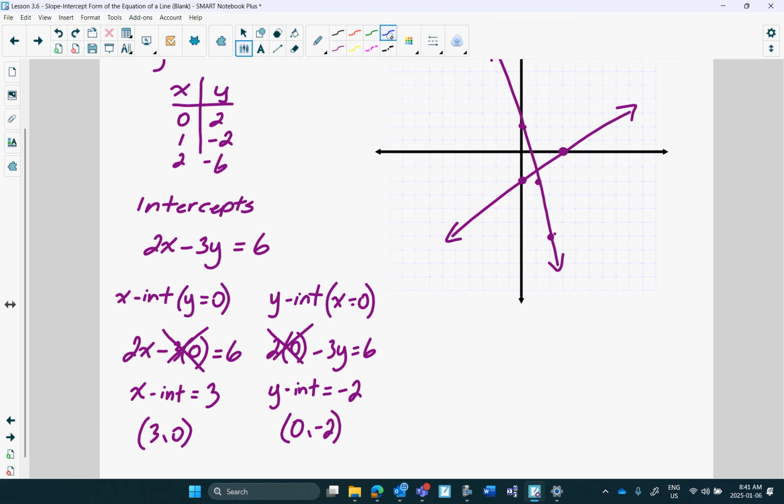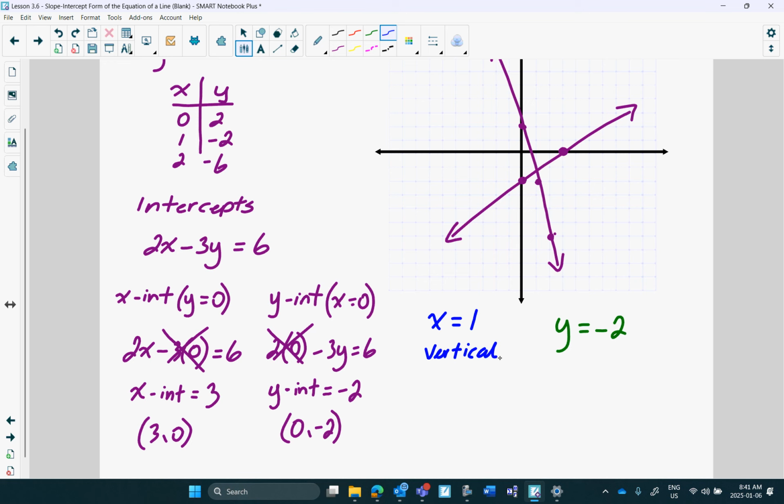And just remember, if we've got an equation that, say, just has x in it, or an equation that just has y in it, these are special types of lines. This will be vertical, always.